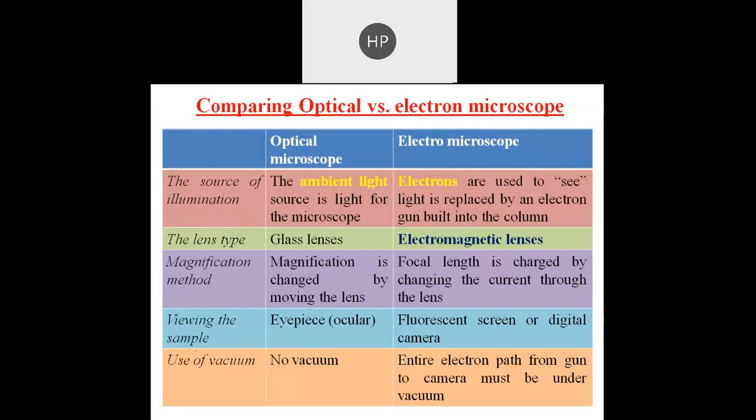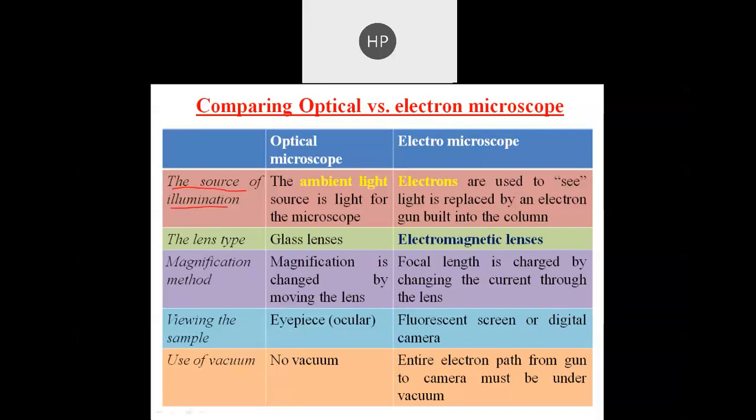Here we will compare the optical and electron microscope. What is the basic difference between the optical microscope and the electron microscope? The basic difference is first the source of illumination.